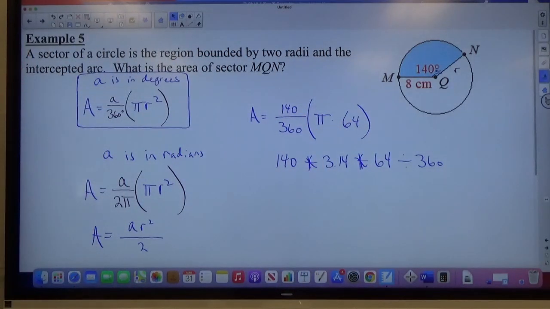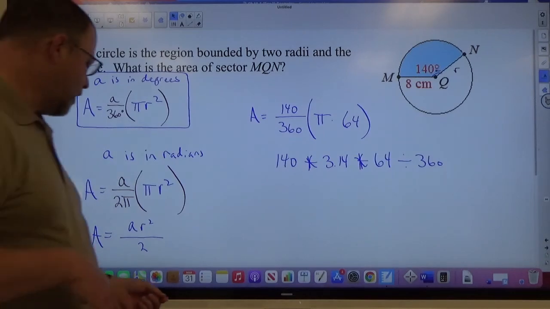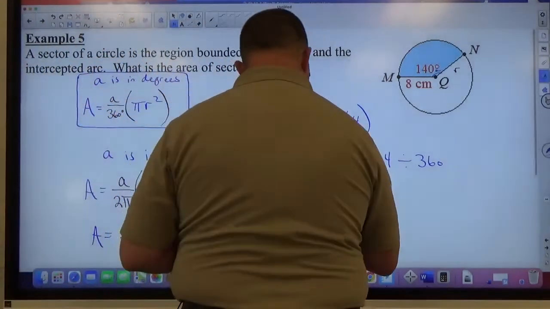It doesn't specify, so I'm going to round to the nearest tenth, which is what they've been doing mostly. 140 times 3.14 times 64 divided by 360 comes out to 78.15, and so on. So 78.2 if we round to one decimal place.